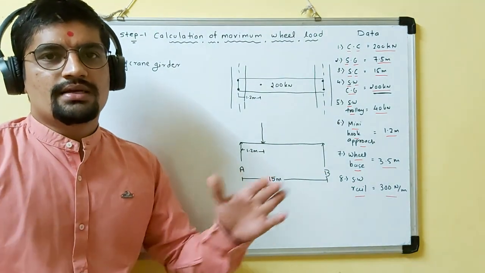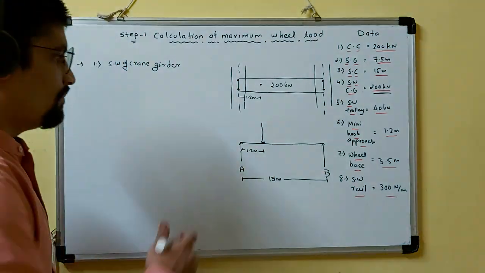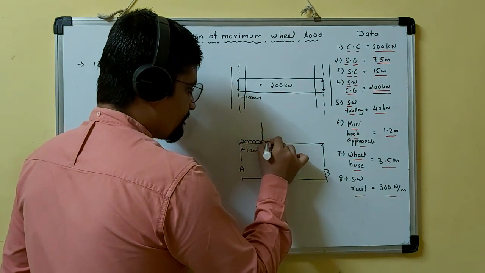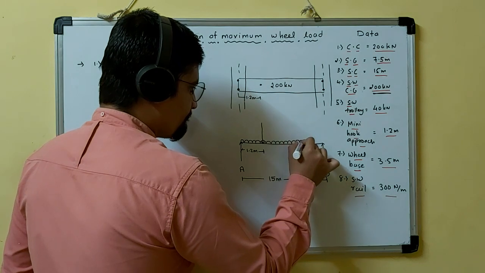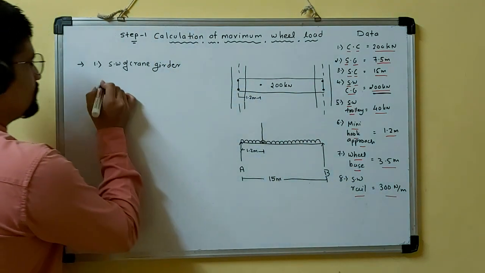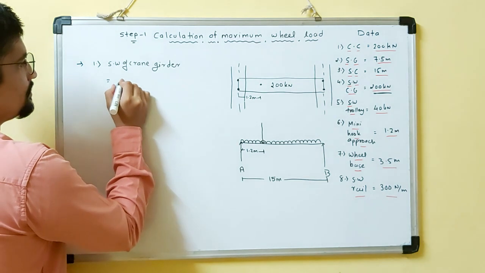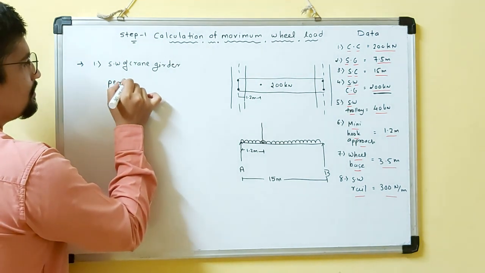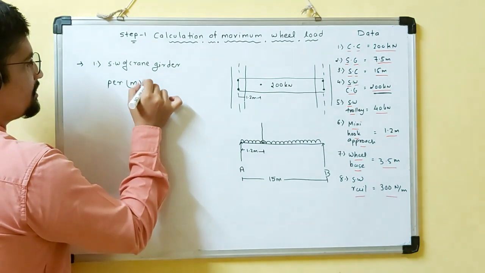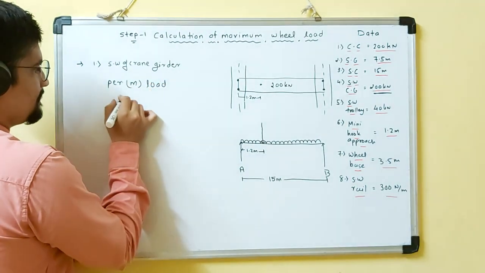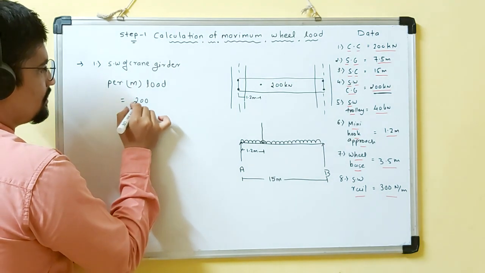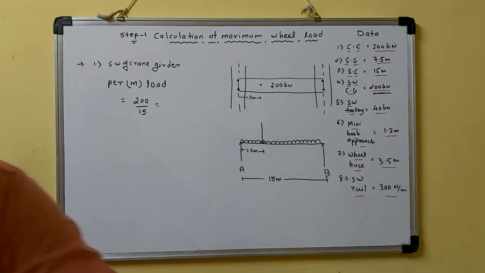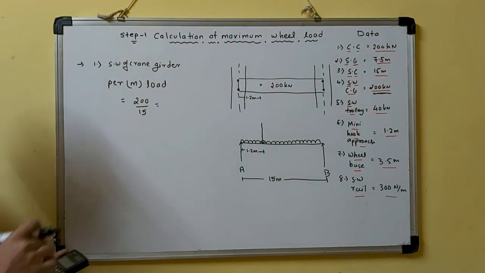So I am dividing it per meter. Per meter load is equal to 200 divided by 15, since the length of the crane girder is 15 meter.